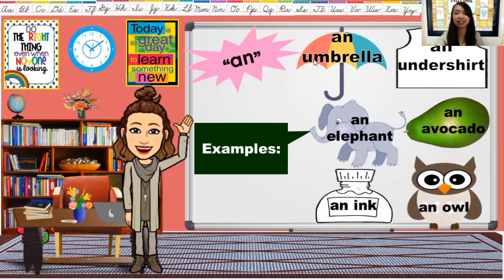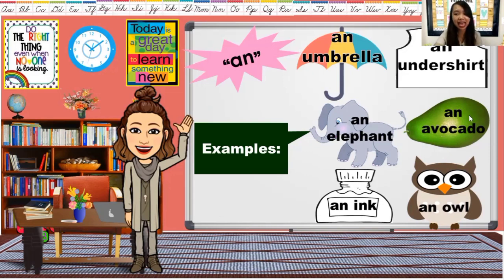Okay, so you have noticed that the nouns here begin or start with vowels. Okay, an umbrella, U. Okay, that's why we have to use an. An undershirt, it starts with U. An elephant, elephant starts with E. That's why we have to use an. Okay, an avocado, avocado starts with a, which is a vowel letter.